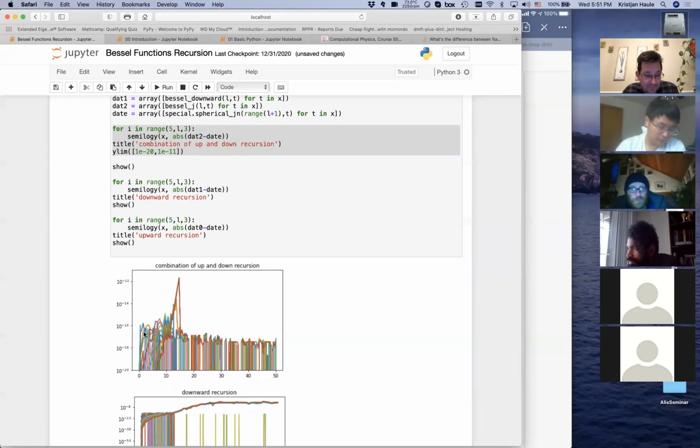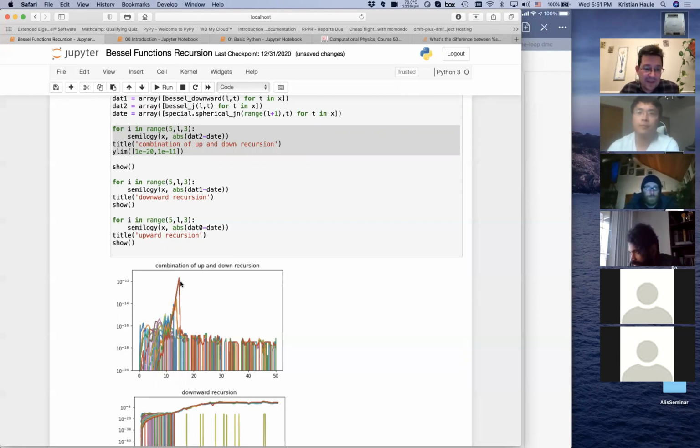And well, basically for all L and all x, this is close to 10 to the minus 16, with one exception. One value here, one error bar is 10 to the minus 12. But this is still very, very small. Okay, so in other words, for basically all L and x, we are pretty much set. We have very precise values of Bessel functions with this trick.